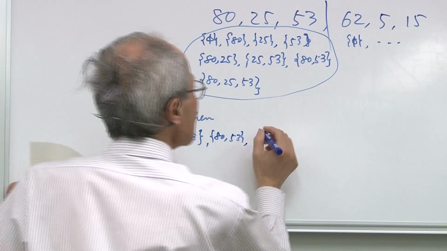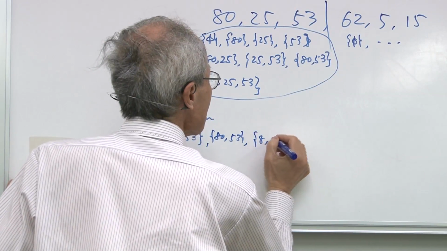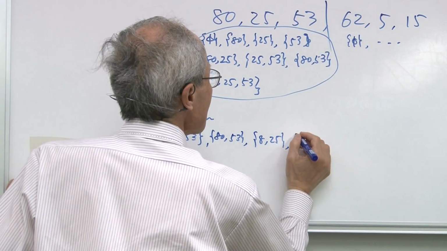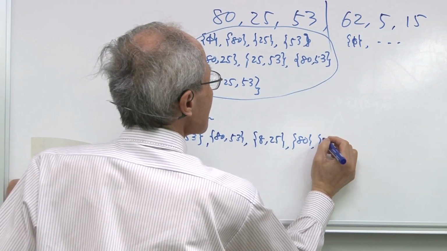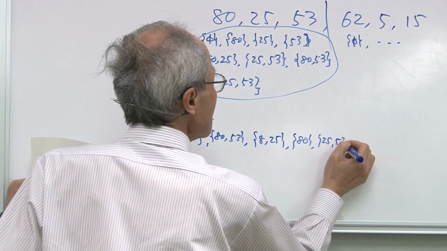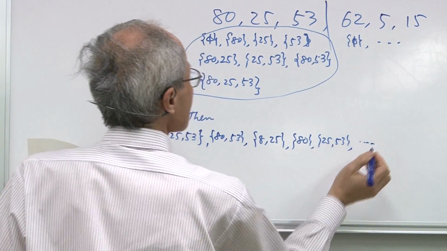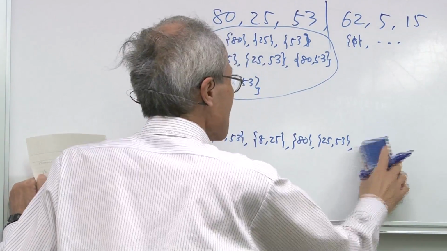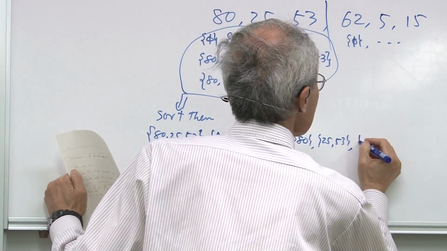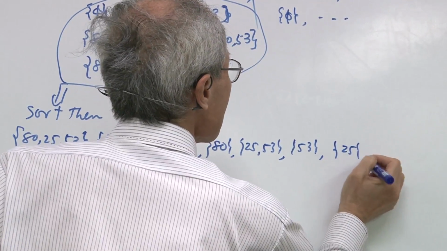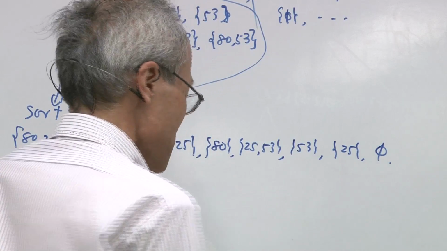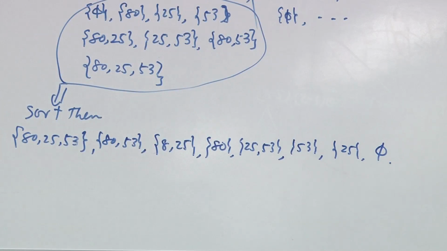The third one is 80, 25. And the next one is 80. The next one is 25, 53. And so on and so forth. And 3, 25, and 0. Okay. So sort them in each group independently.